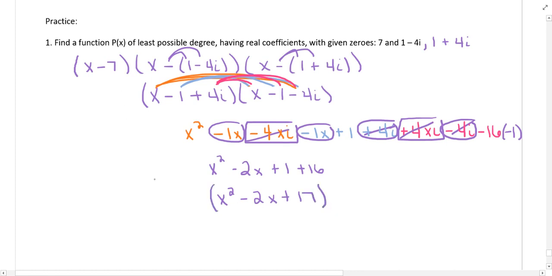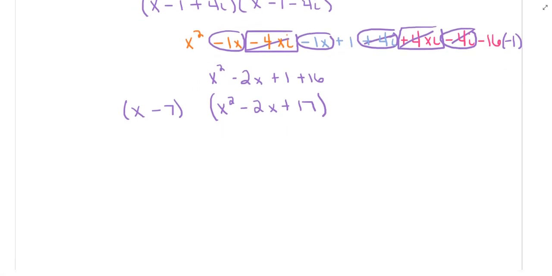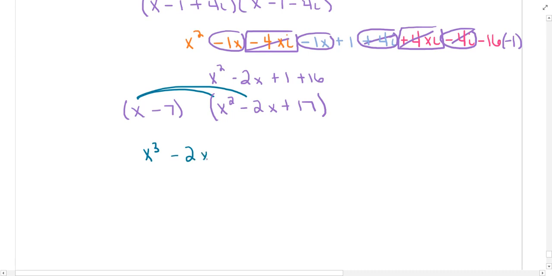Okay, then bring down this x minus 7. And let's multiply this out. So we'll do the x's first. So we'll have x times x squared. That's going to give us x cubed. x times negative 2x will give us a negative 2x squared. x times 17, 17x.